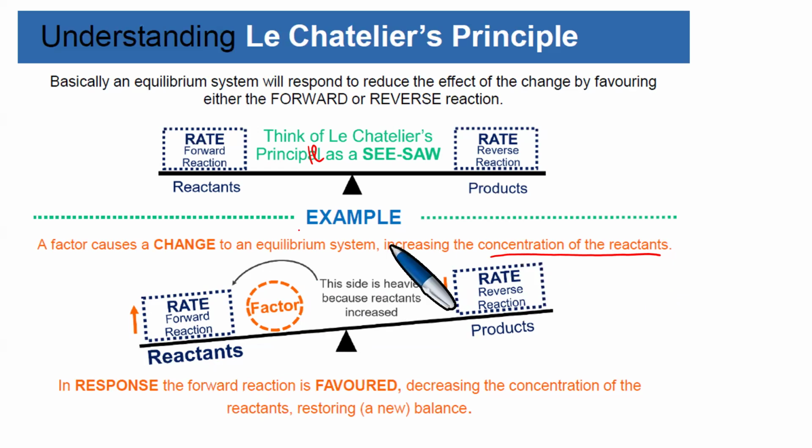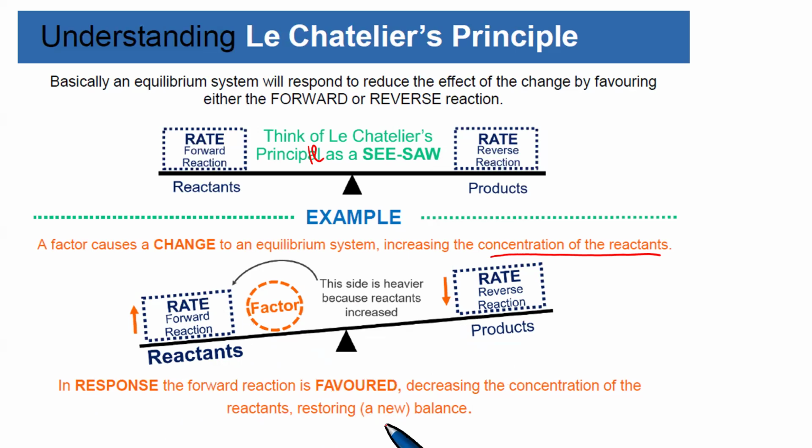If you increase the concentration of the reactants, this side is heavier, and the products therefore have less relative to the former state. In response, the forward reaction is favored, decreasing the concentration of the reactants, restoring a new balance.